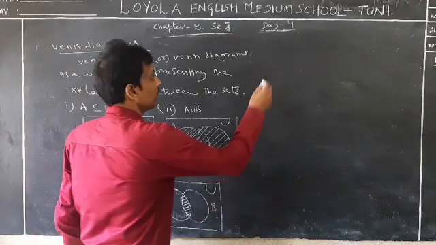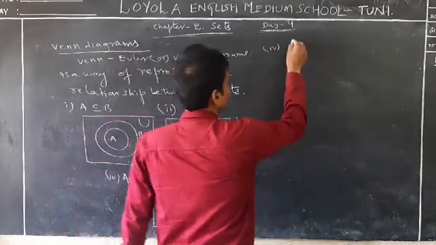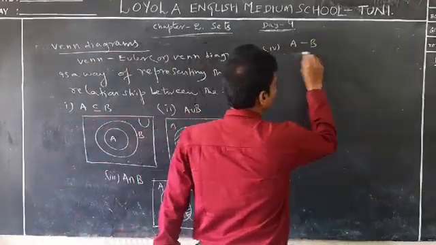Is it clear? Now the fourth one, A minus B Venn diagram.